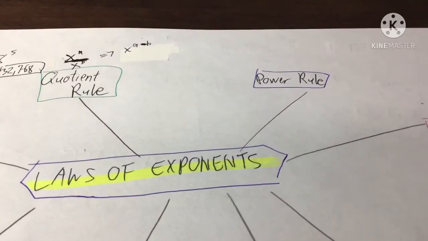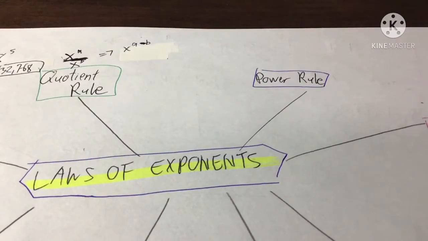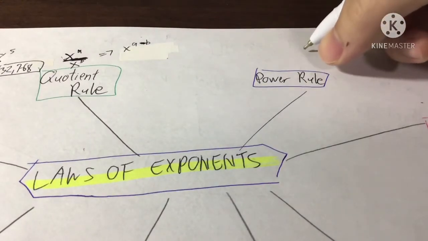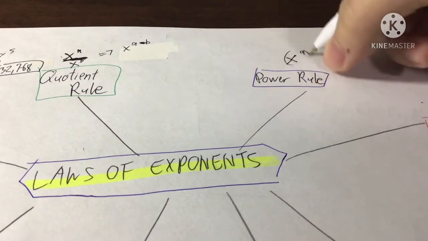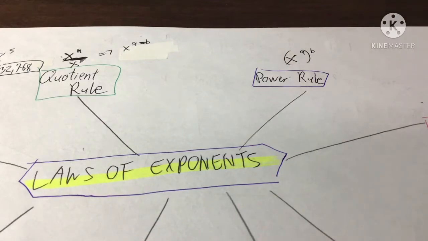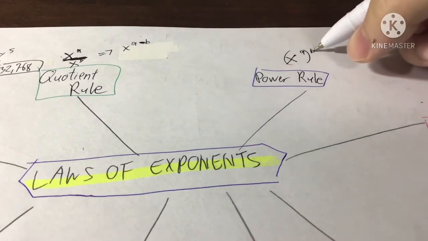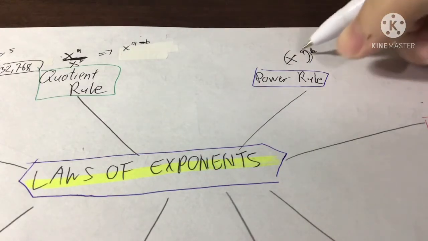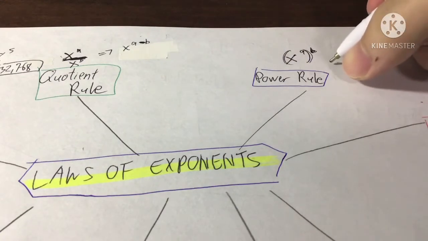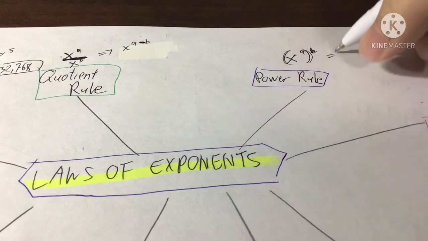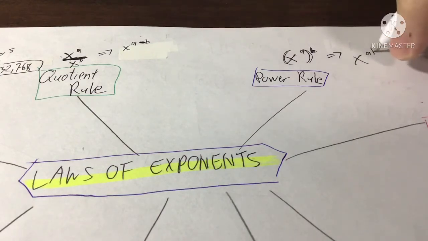Now, for the next law, we have our power rule. Our power rule, basically, we have a formula of x raised to a times b. B is an exponent here, okay? So if we have that, basically, this is x raised to a b.